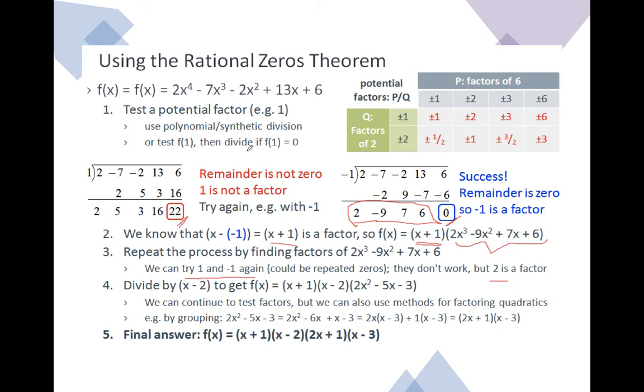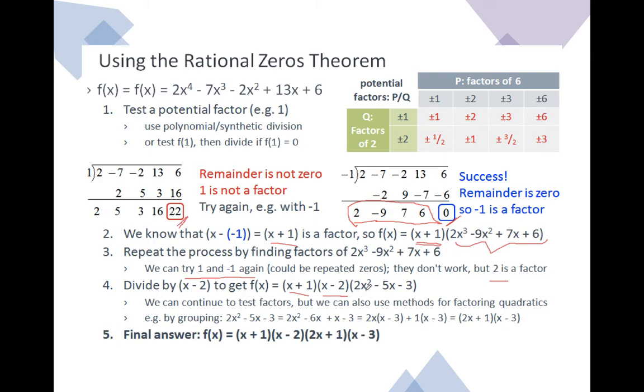We have to try it either this way or putting the value in, but synthetic division is best. This method is best because then you actually know this value here. That is why synthetic division works better here. So for 2 it works. That is why x minus 2 is another factor. So x plus 1 is coming from the first term, then x minus 2 is coming because for plus 2 again this becomes 0.